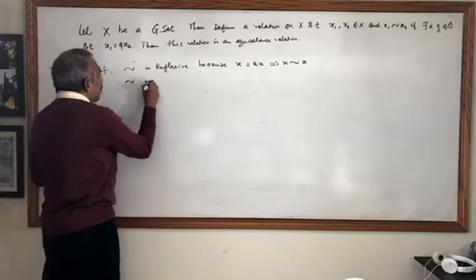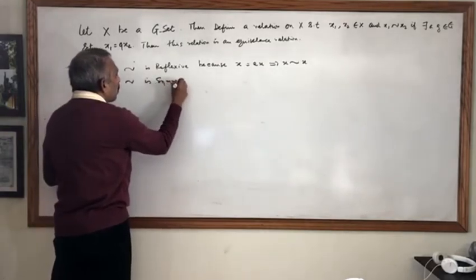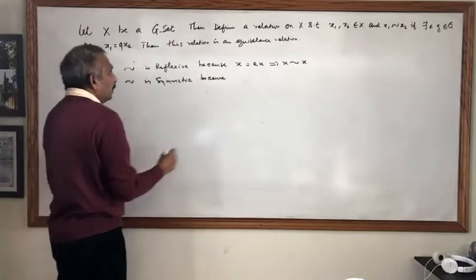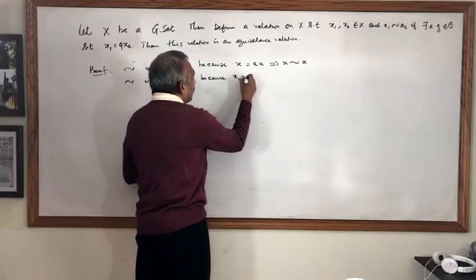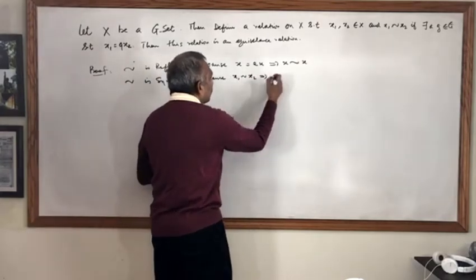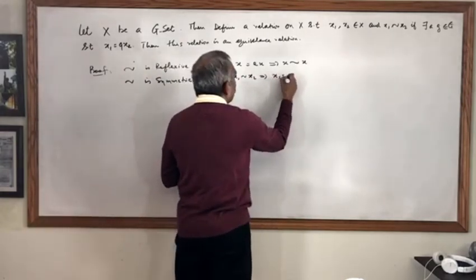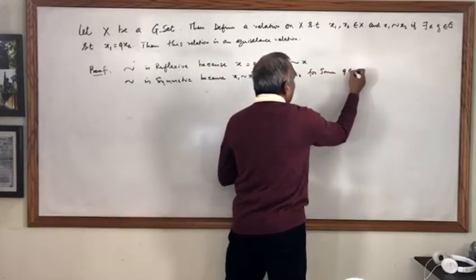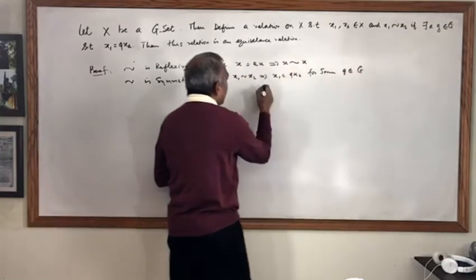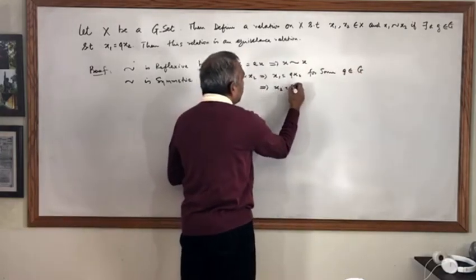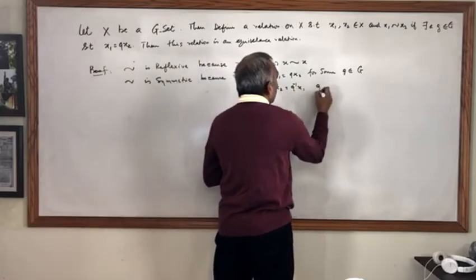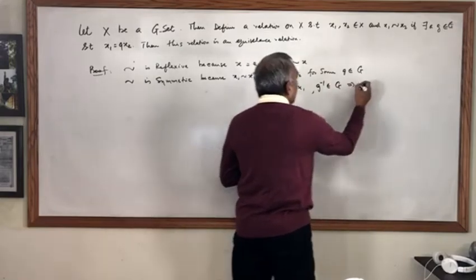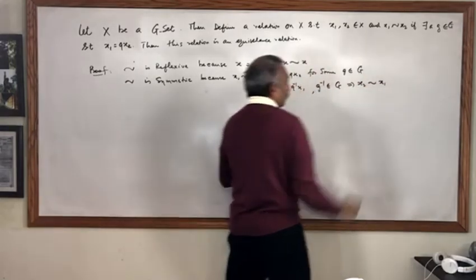It is symmetric because x1 related to x2 implies x1 is equal to gx2 for some g in G, and that implies x2 equals g inverse x1, and g inverse belongs to G, that implies x2 is related to x1.